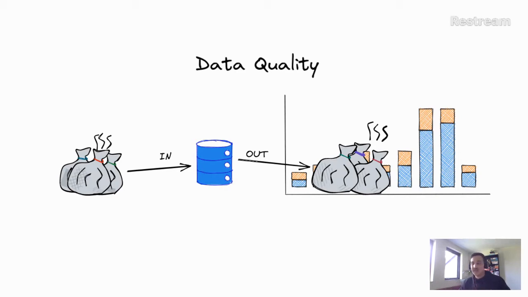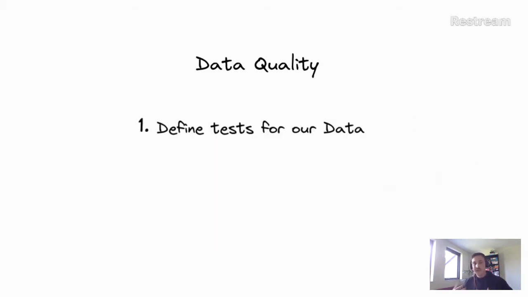And data is the component within our system. It's the thing we ingest, it's the thing we work with, it's the thing we base our realizations and our analyses upon. So it should be correct. The quality should be okay. So we need to define tests for our data. We need to make certain assertions about data when it moves through our systems.